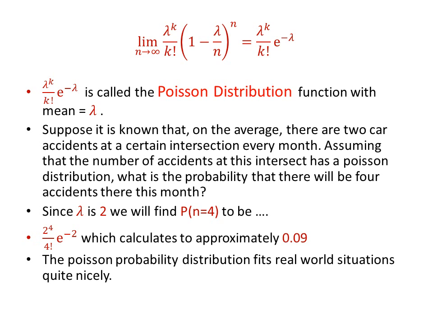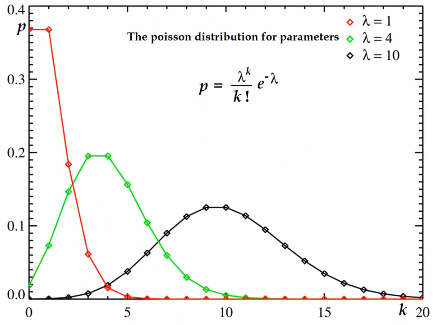And it is a fact that the Poisson probability distribution fits many real-world situations very nicely. Here is a graphical representation of the Poisson distribution for 3 different parameters of lambda. For lambda equals 1, we have this, and keeping in mind the fact that the Poisson distribution is for discrete random variables, k.